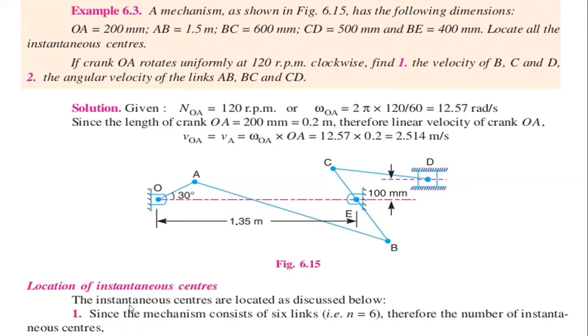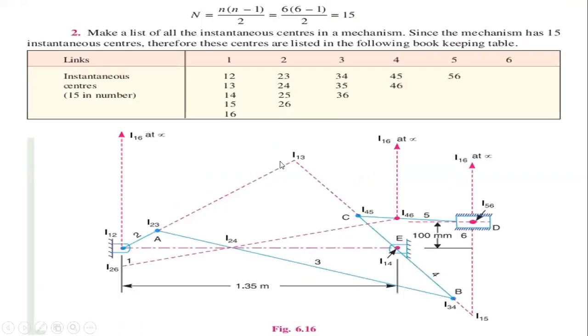Therefore, the number of instantaneous centers can be verified from the formula. You have already seen in the previous problems, capital N is equal to n into n minus 1 by 2. The total number of links is 6, that is 6 into 6 minus 1 by 2.